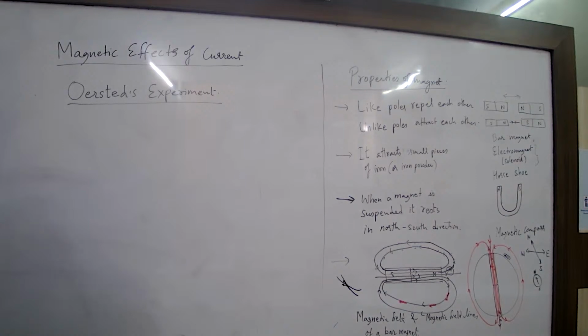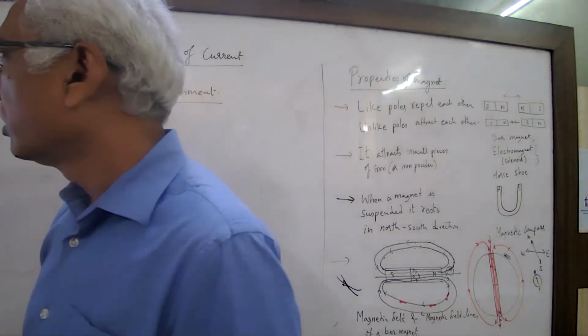There are two magnets plotting the magnetic field line.